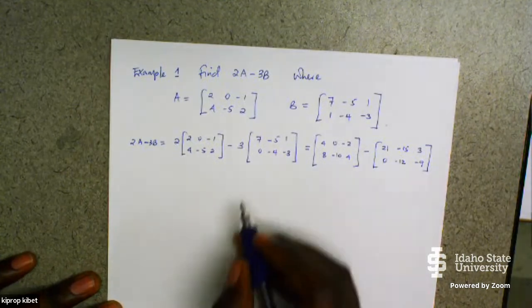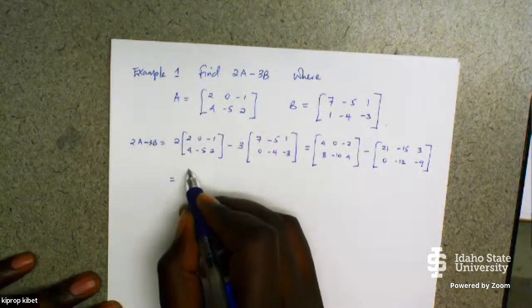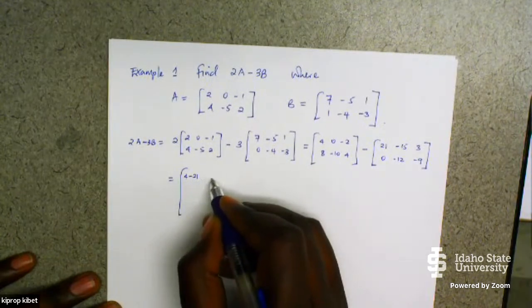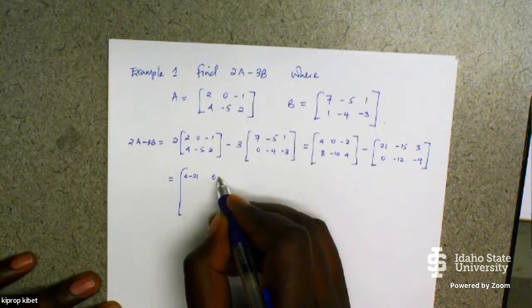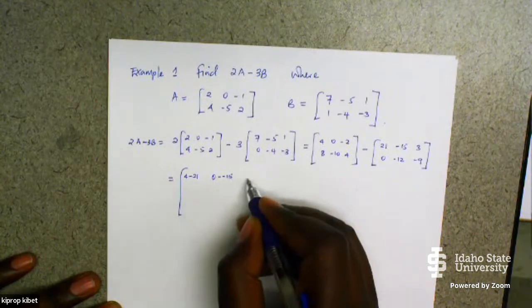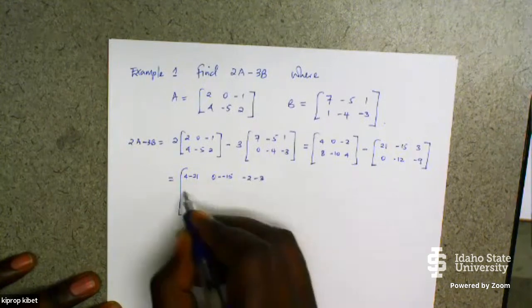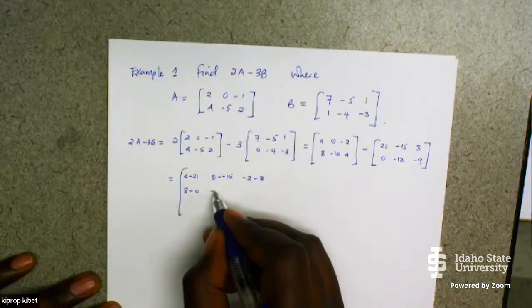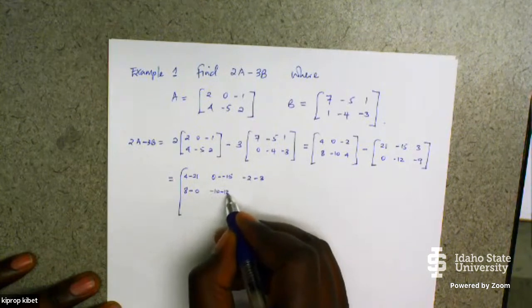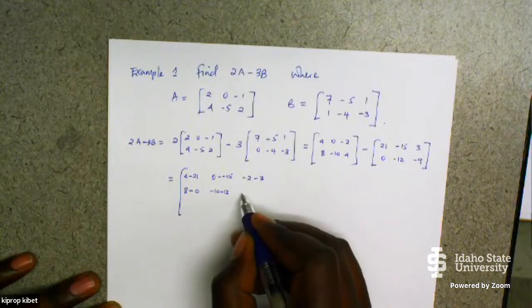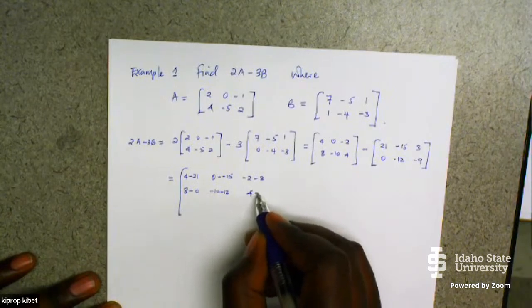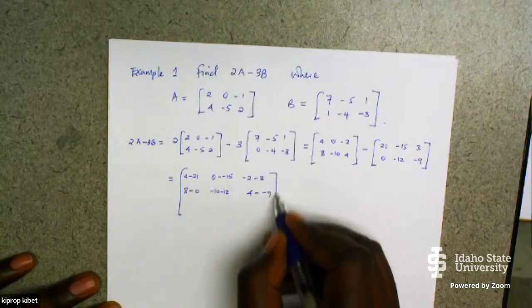And what you get is 4 minus 21, 0 minus 15, minus 2 minus 3, 8 minus 3, minus 10 minus 12, and then 4 minus 9.